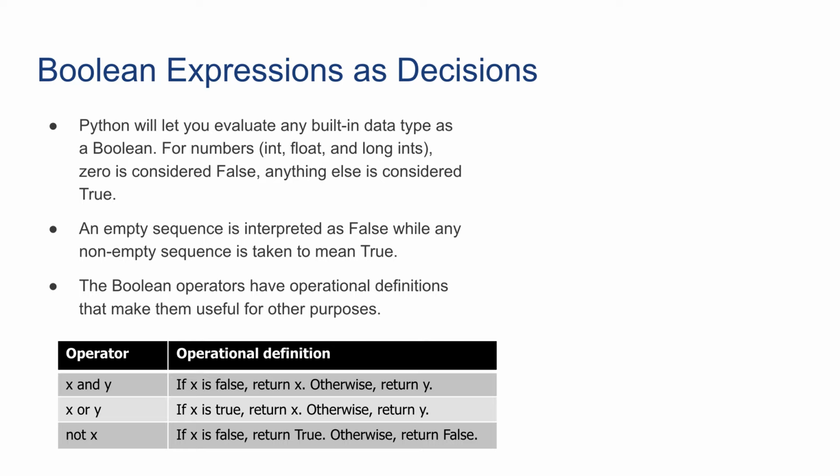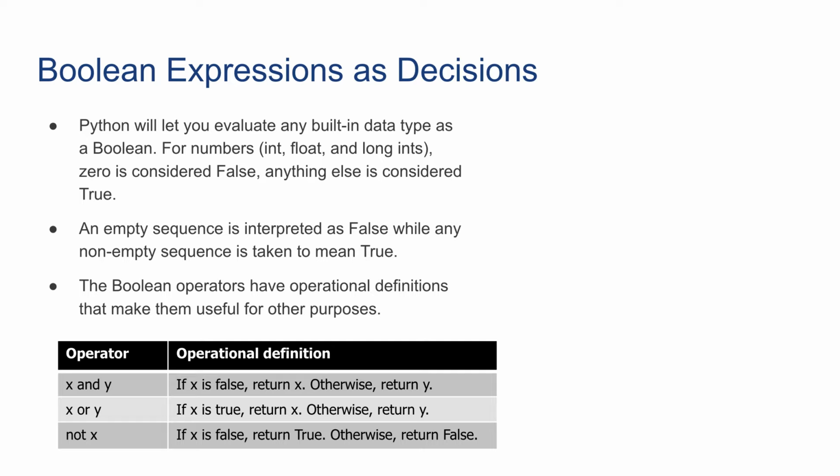In that case, Python will interpret X and Y as: if X is false, return X, otherwise return Y. It also means that in the AND case, return the first false or the last. In the OR case, X or Y, if X is true, return X, otherwise return Y. In other words, return the first true or the last expression. In the NOT case, if X is false, return true, otherwise return false.